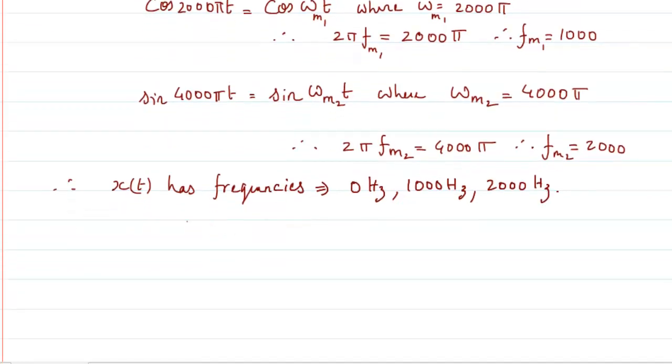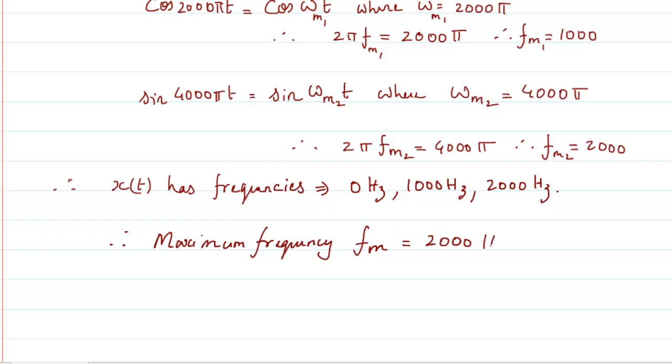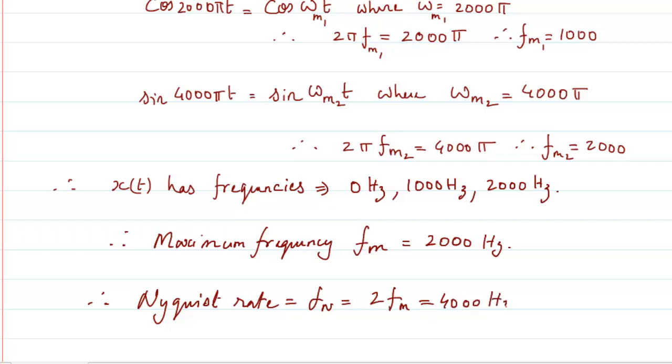Therefore the maximum frequency Fm, according to this, we have 3 frequencies, out of which the maximum is going to be 2000 Hertz. Therefore the Nyquist rate is going to be Fn, which is 2 times Fm, which is 4000 Hertz.